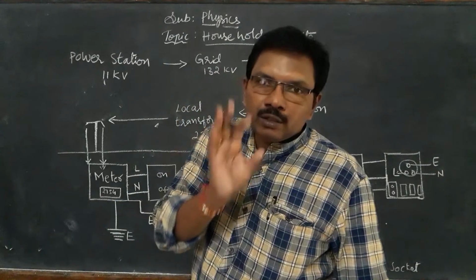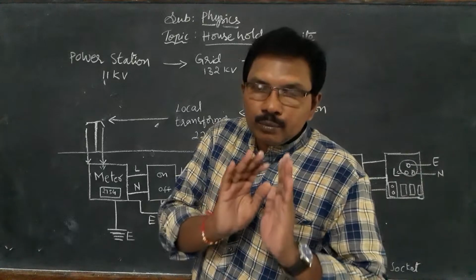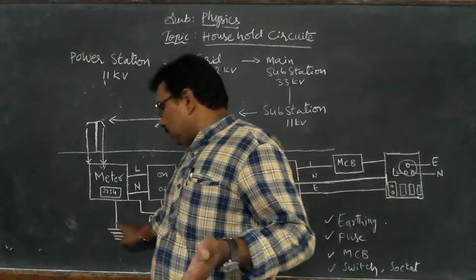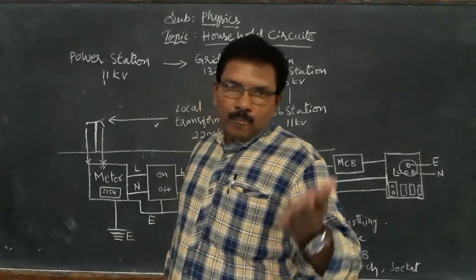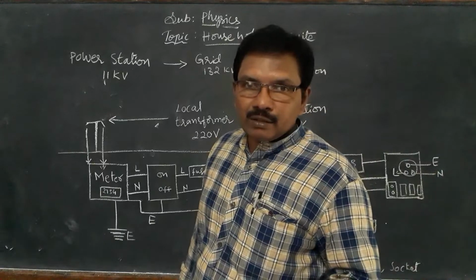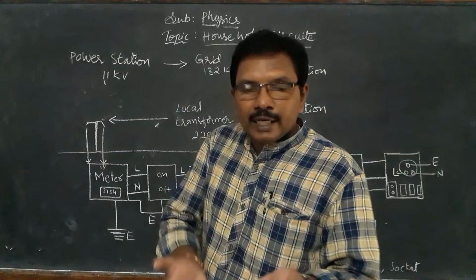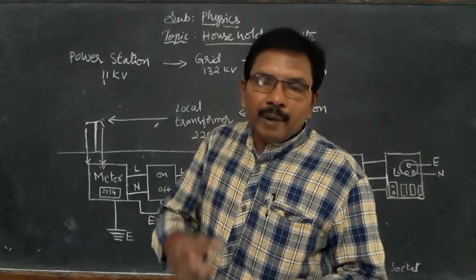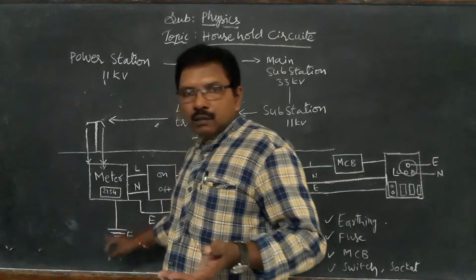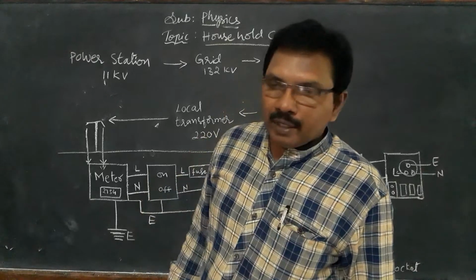If anybody touches it, nothing should happen. If anybody touches this earth wire and there is a possibility of current, it is dangerous for us, no? So that is why we should insulate that wire with a plastic pipe or anything. An insulated cover should be around the copper wire.